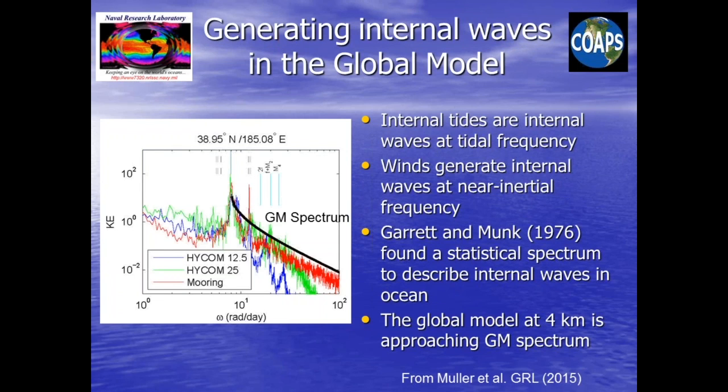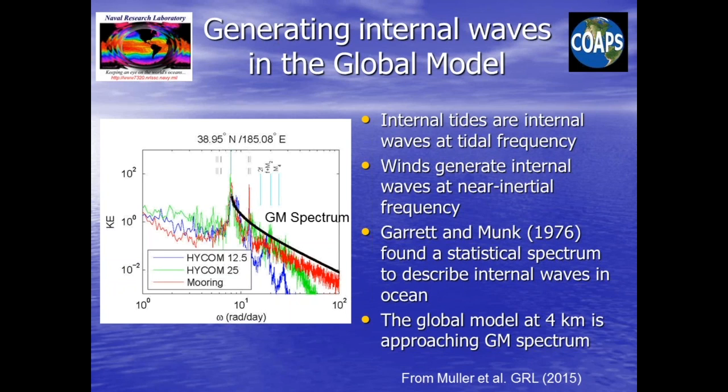And then lastly, remember, an internal tide is just an internal wave at tidal frequency. Well, in the mid-70s, Chris Garrett and Walter Munk came up with a prediction of the statistical shape of the frequency spectrum for internal waves.